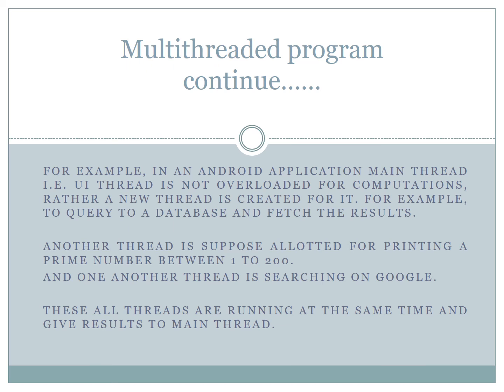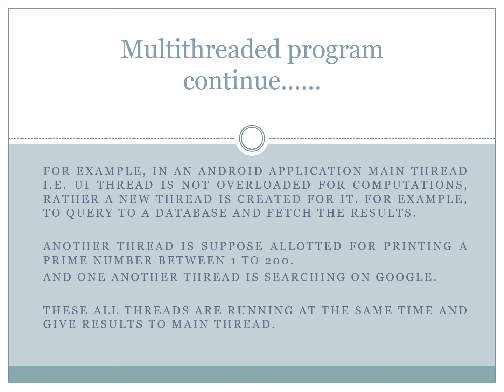So here we understand the previous diagram with an example. In an Android application, the main thread, like a UI thread, is not overloaded for computation. Rather, a new thread is created for it. For example, thread A is querying a database and fetching some results from the database.